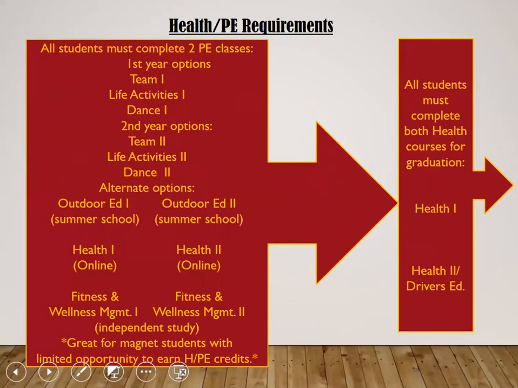Health and PE. Students must have 1 full credit of health and 1 full credit of PE in order to graduate. If this is your first year taking PE, then you will have to take either PE 1 Team, PE 1 Life, or PE 1 Dance first before you can take Level 2 of Team, Life, or Dance PE.